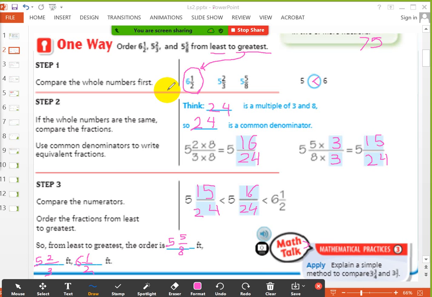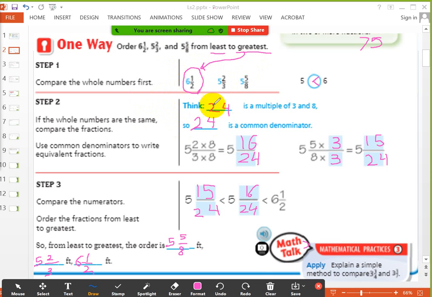So first, I will compare the whole numbers. If the whole numbers are equal, I have to compare the fractions. So I will start with the whole numbers. Look, 6, 5, 5. I know 6 is greater than 5. That means this is the greatest number.